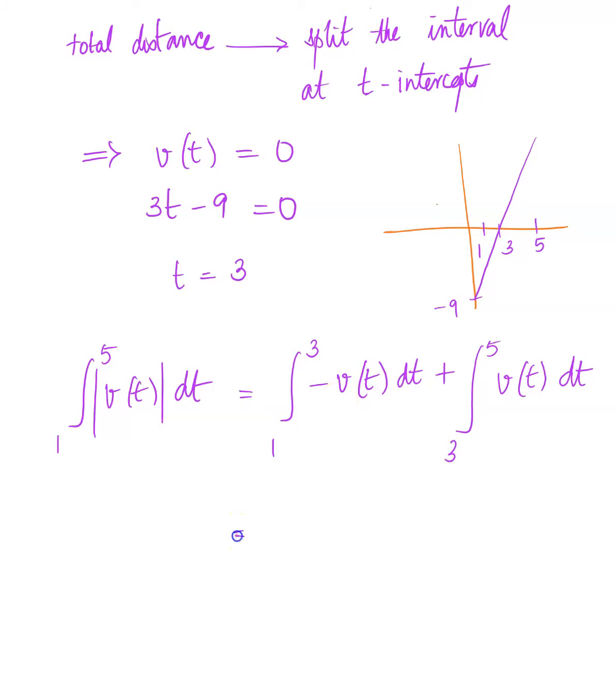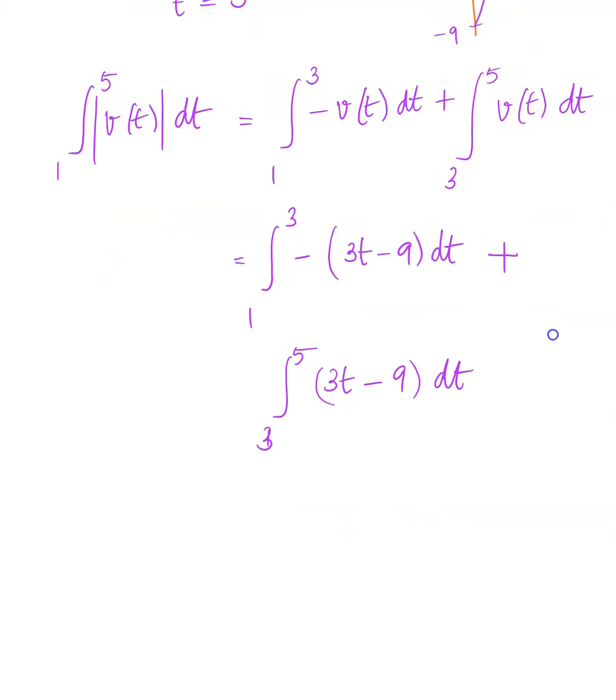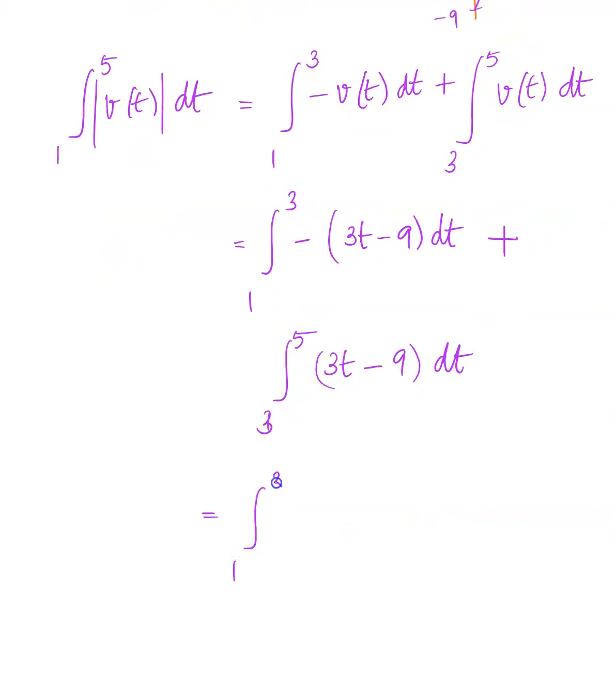So I'm taking this negative portion and I say negative of 3t minus 9 dt, plus from 3 to 5 the positive version, so it's just 3t minus 9 dt. What this does for us is from 1 to 3, if you distribute the negative, you actually get 9 minus 3t, the other way around, dt, plus the integral from 3 to 5 of 3t minus 9 dt.